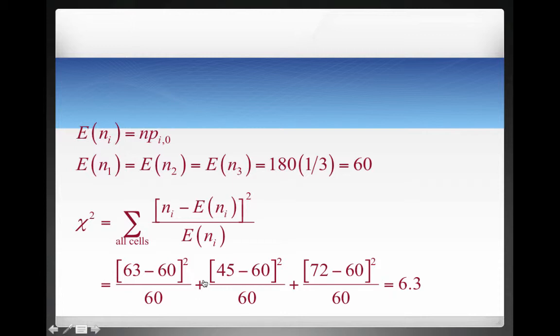Then we add, this was one term, right, so we do the sum, so we add the next category.